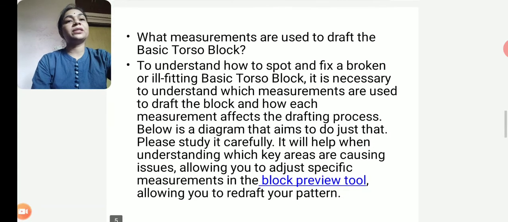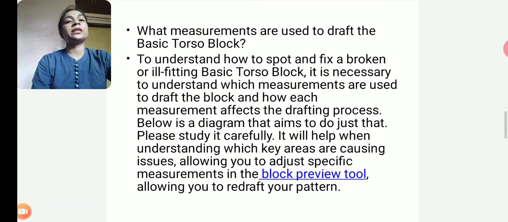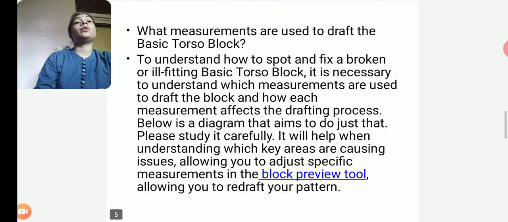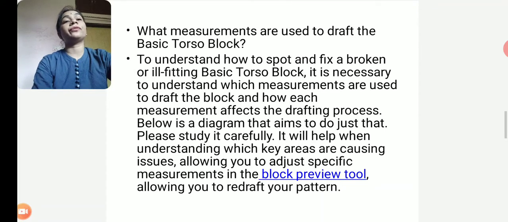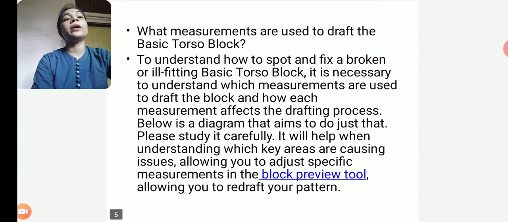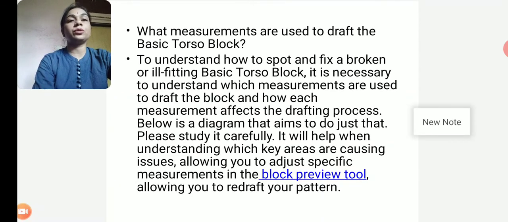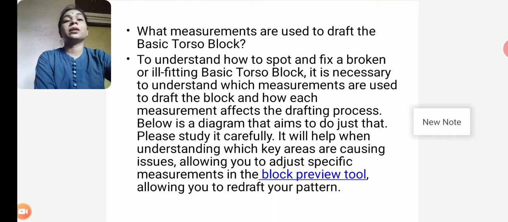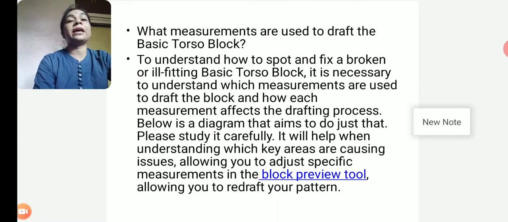What measurements are used to draft the basic torso block? To understand how to spot and fix a broken or ill-fitting basic torso block, it is necessary to understand which measurements are used to draft the block and how each measurement affects the drafting process. Below is a diagram that aims to do just that.